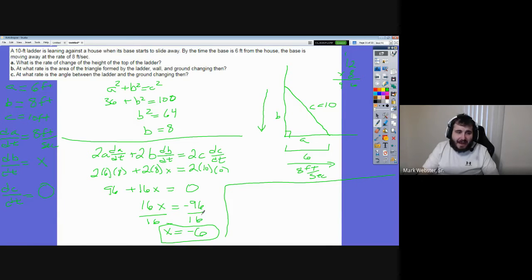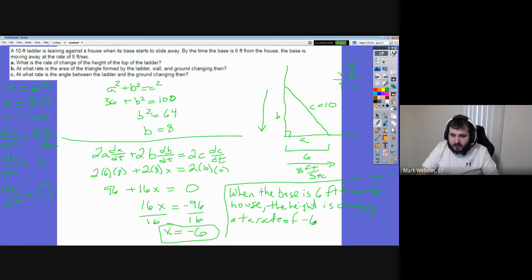So once again, finish up the problem by saying: when the base is 6 feet from the house, the height is changing at a rate of -6.